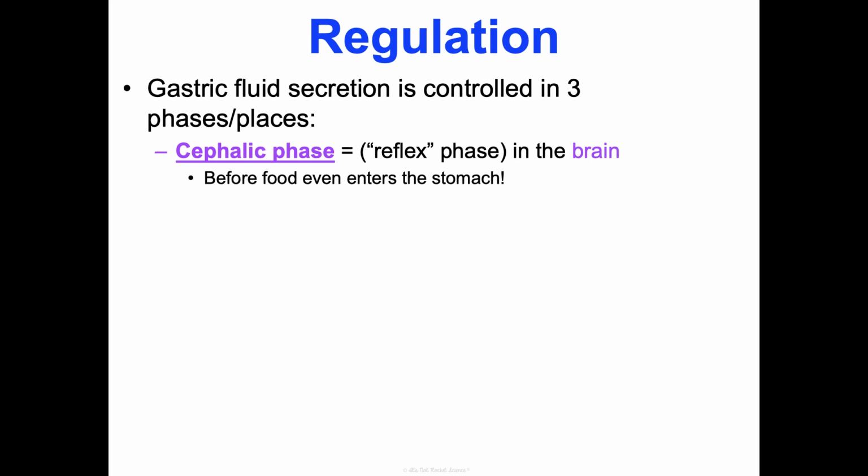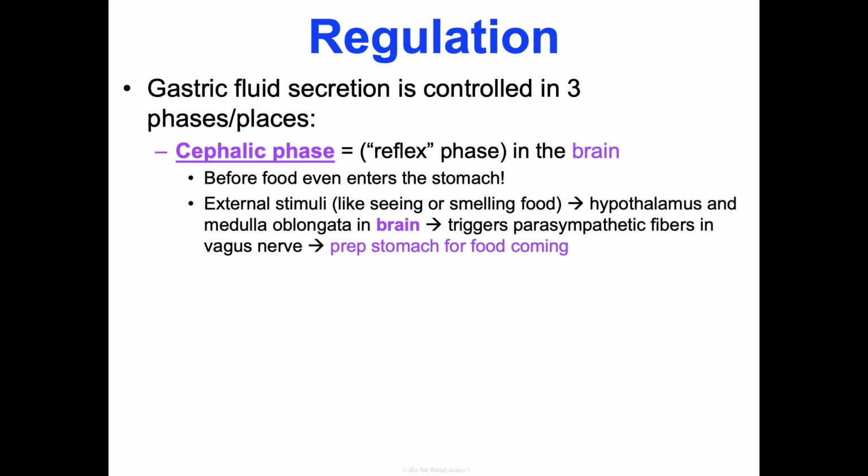This is before food even enters your stomach. You have external stimuli, like we mentioned, seeing or smelling food. Those signal your hypothalamus and the medulla oblongata in your brain, which triggers parasympathetic fibers in the vagus nerve to start prepping your stomach to say that food's going to be coming. We should be stimulating the secretion of gastric fluid.